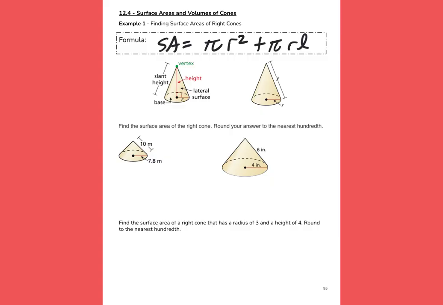Okay, and that is my L. L represents the slant height. So I'm going to put an L next to the slant height here. Okay, and if we're trying to find the surface area, we need the slant height as opposed to the perpendicular height. And we'll talk about if we're given the perpendicular height, how we can find that slant height here in just a second.